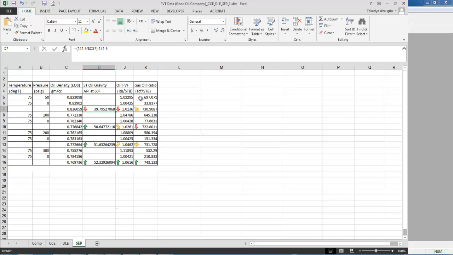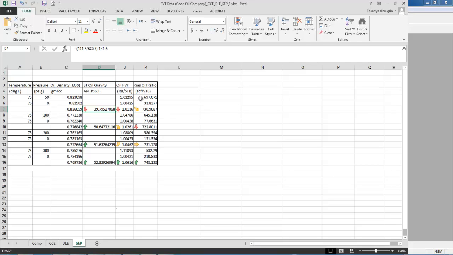However, in the gas oil ratio, the lowest one was in the second condition. So equation of state does not give reliable results. It gives at the same time two optimum conditions. Because the optimum condition should have the lowest Bo and the lowest GOR in the same condition.